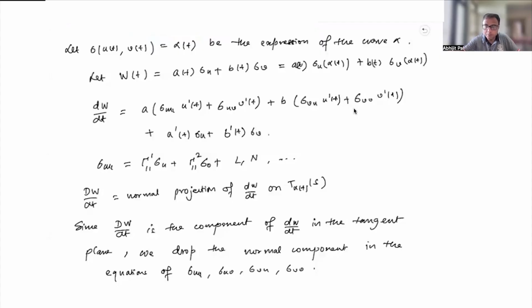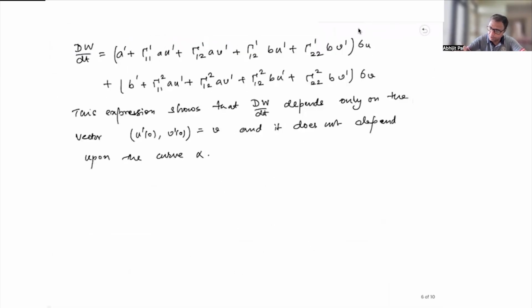So that normal projection is independent of the curve alpha. This capital DW/dt only depends upon the vector alpha prime 0, which is equal to v.